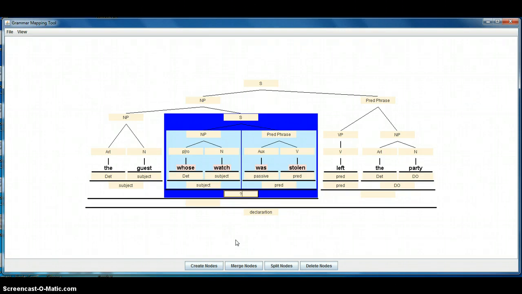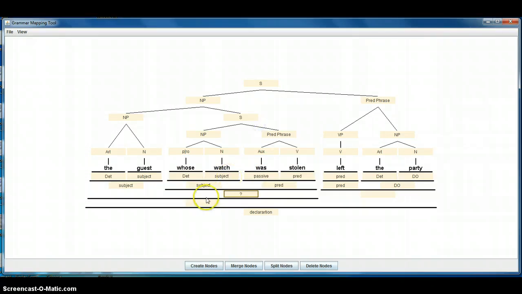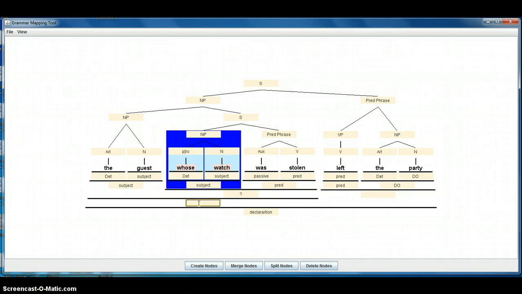You can maybe leave that as an exercise. All right. And then this is the subject. So this is whose watch. So this is the subject of the relative clause.